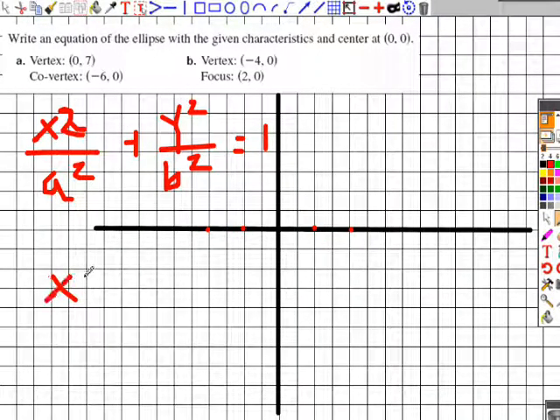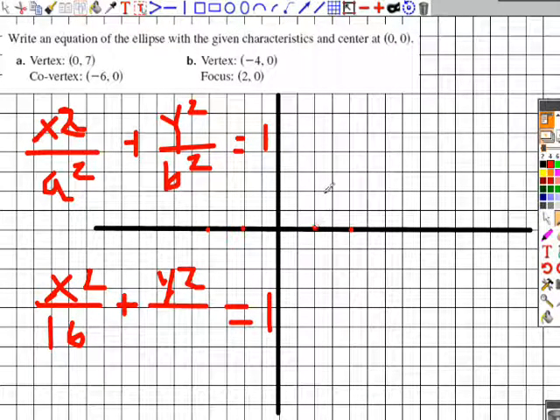So that means we know one part of our equation. We're just missing one thing. We're missing b. So x squared over 16 plus y squared over something, we're looking for this guy, equals 1. Now, we're given c, right, the point of our focus. So we know that for the focus, a squared minus b squared equals c squared.